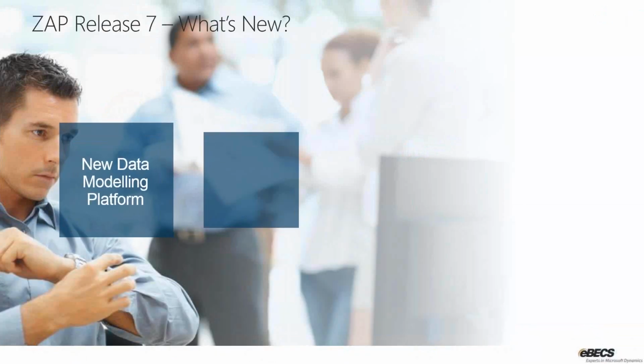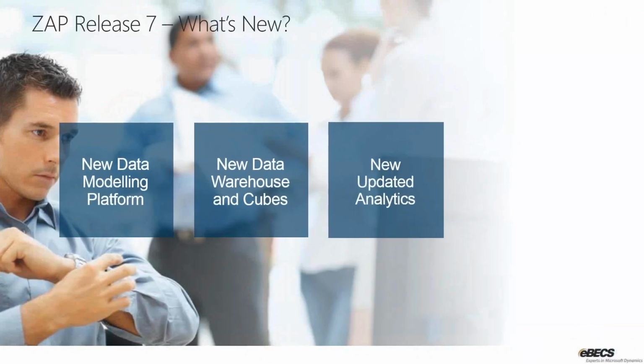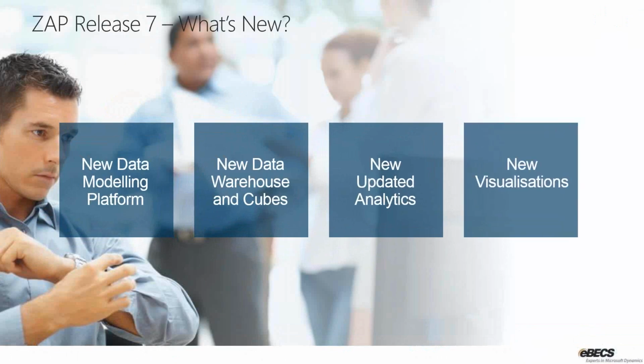What I'm really excited to tell you today, for those of you that maybe are currently ZAP users, is we've got certainly a UK partner exclusive to release some information on ZAP version 7.